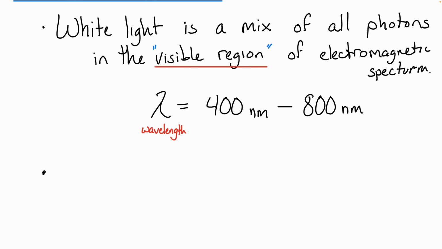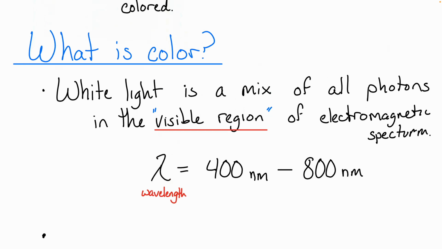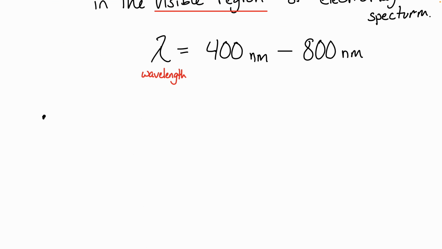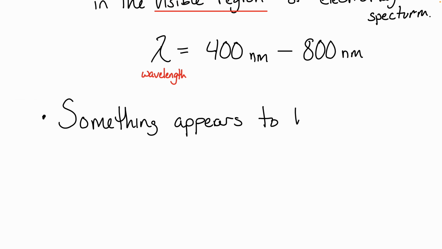What's making it to your eyeball is missing that wavelength, and your brain processes that as a color, as red. All right, so that's where our color is coming from here. Okay, so something appears to have color when it absorbs a photon from the visible spectrum.